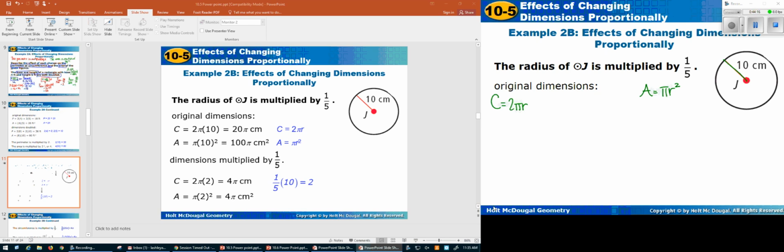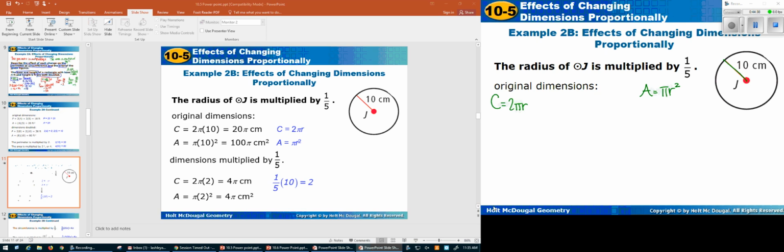Okay? So you have to be careful. The first two examples we did, make sure you're getting your head wrapped around this, we only changed one dimension, but each of those examples had 2 dimensions. It had a distinct base and a height. In both the triangle, and then when we went to the kite, it had a diagonal 1 and a diagonal 2. So it had 2 different dimensions.